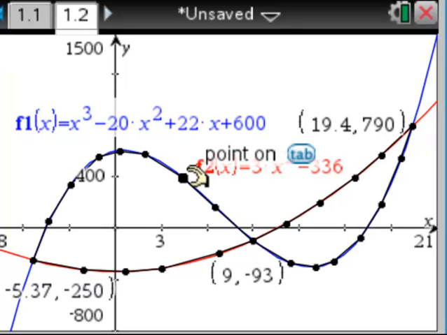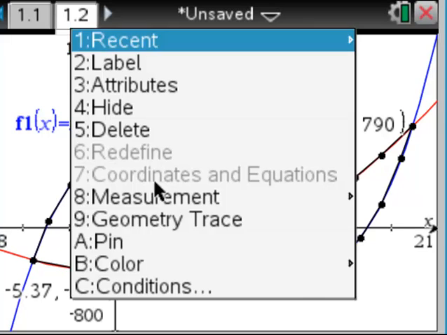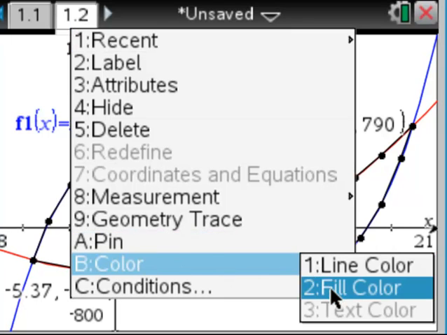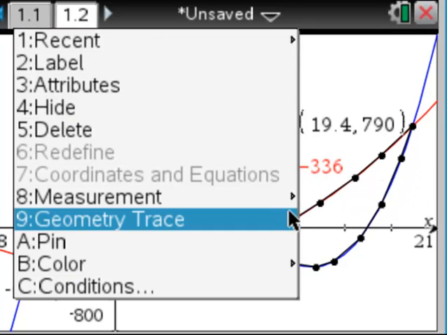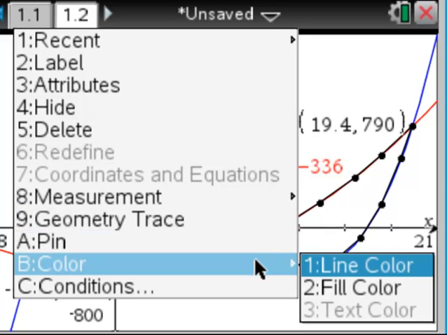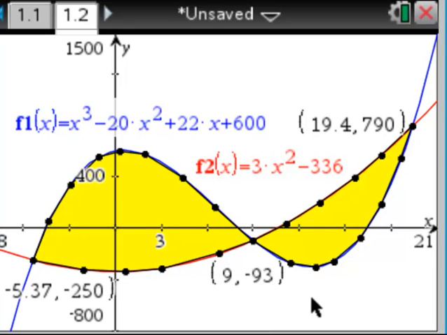Now, to shade the polygons, first need to select the polygon, context menu, and color, fill color. I'll choose yellow. This one, same thing. Okay. Now I don't want these polygons anymore. They were just here to help me shade my region.